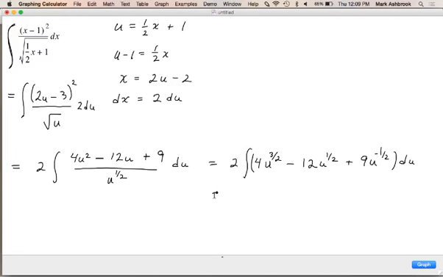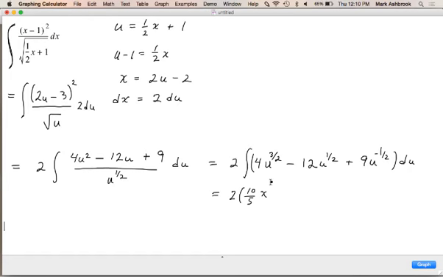Okay, so we got, what is this going to be? 8 times 2/5. Should we just keep the 2 out? So 4 times 2/5. Is that 10/5?